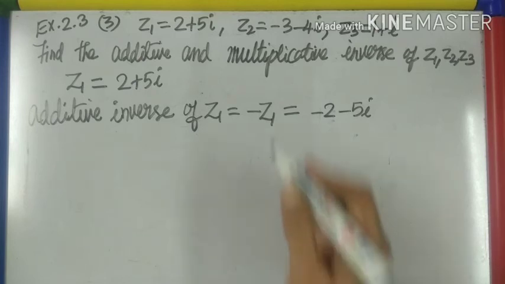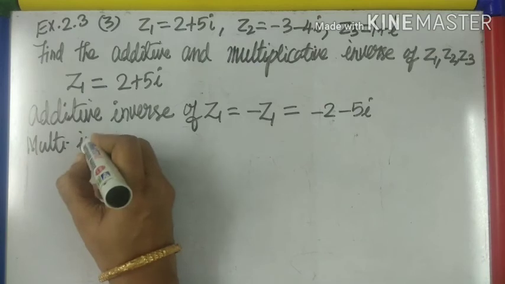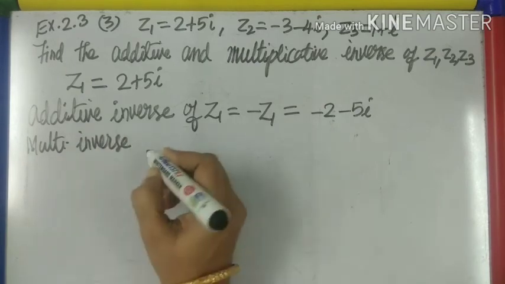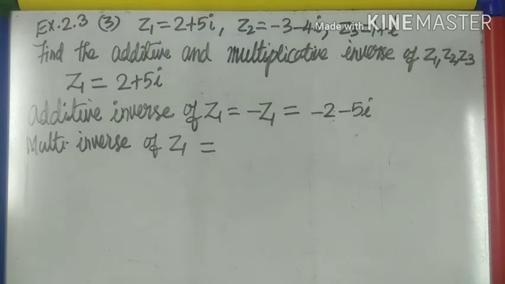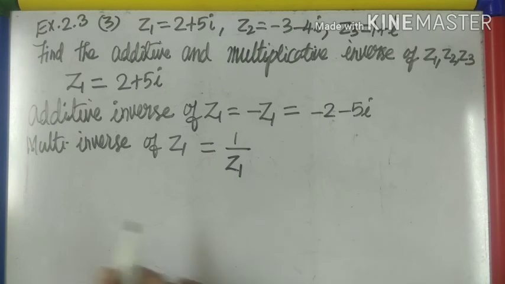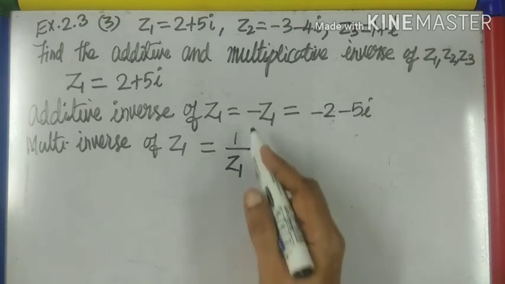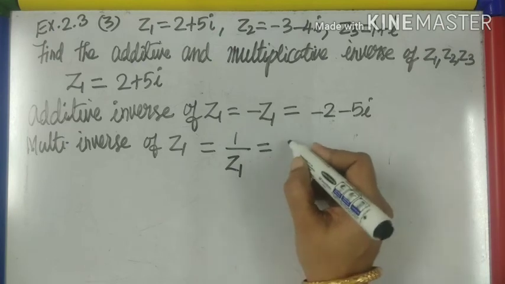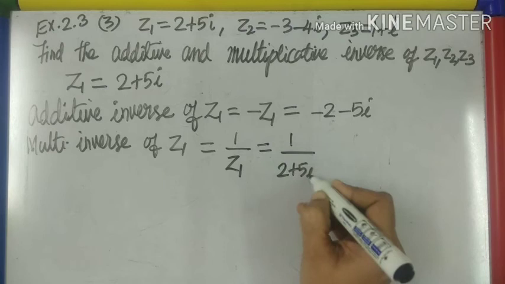The next idea, I want the multiplicative inverse. What is the formula for multiplicative inverse? For plus 7, I say the multiplicative inverse is 1 by 7. Similarly, for Z1, the multiplicative inverse is 1 by Z1. It is nothing but 1 by 2 plus 5i.